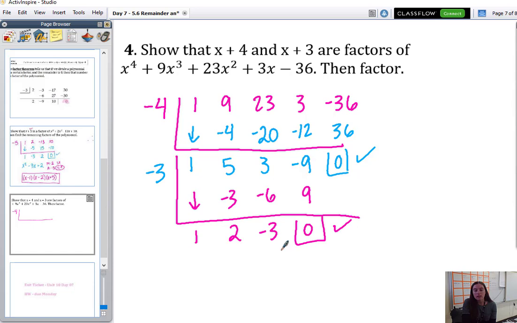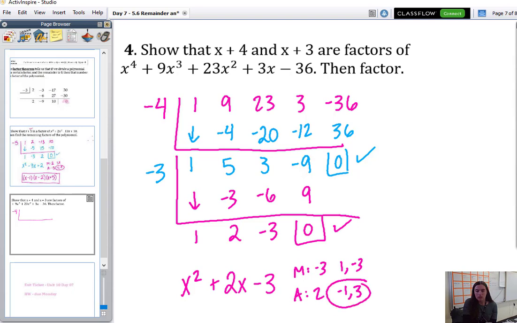And now, based on the last final coefficients, we've got a remainder, our constant, linear, quadratic. So I'm going to rewrite this as x squared, because the coefficient is 1x squared, plus 2x minus 3. So let's factor that. Multiplies to negative 3, adds up to 2. That could be 1 and negative 3, or negative 1 and positive 3. And that's going to be our group there.